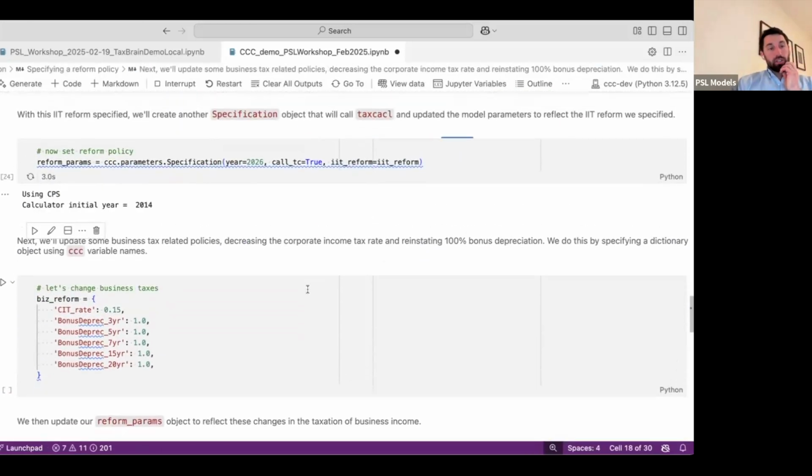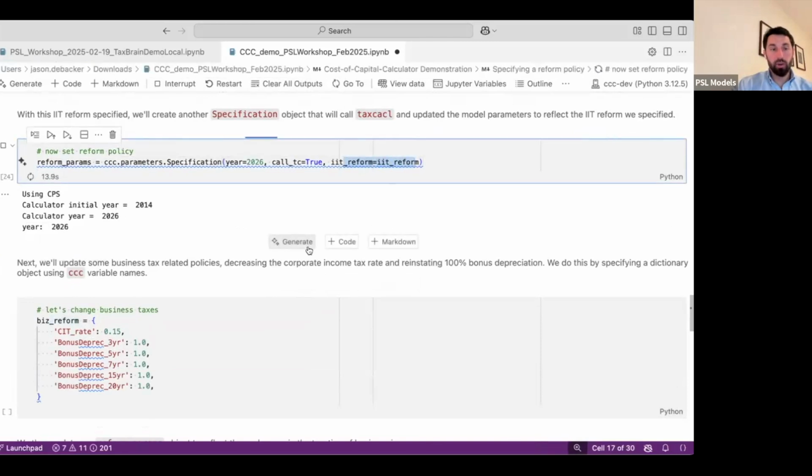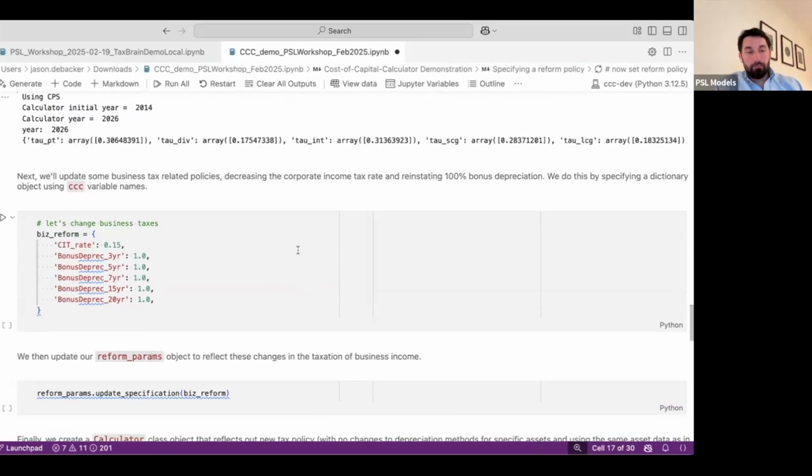And then I'm also going to not just change the individual income tax, and you can see this right now as running tax calculator in the background to compute marginal effective tax rates under this TCJA permanence. But I may also want to look at some business tax related policies. And so I can do that as well.